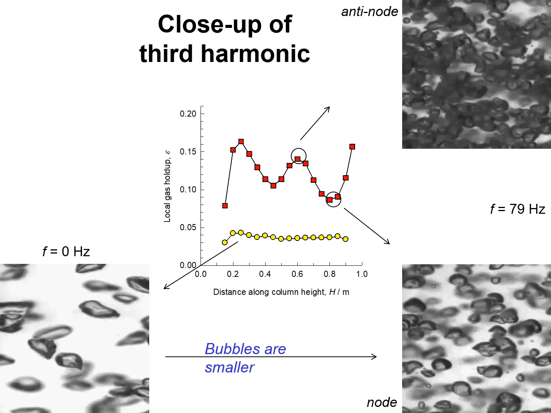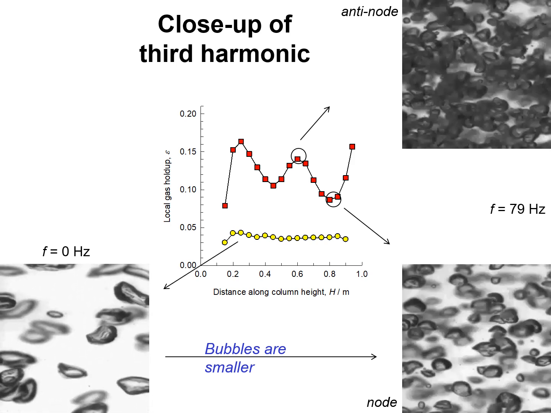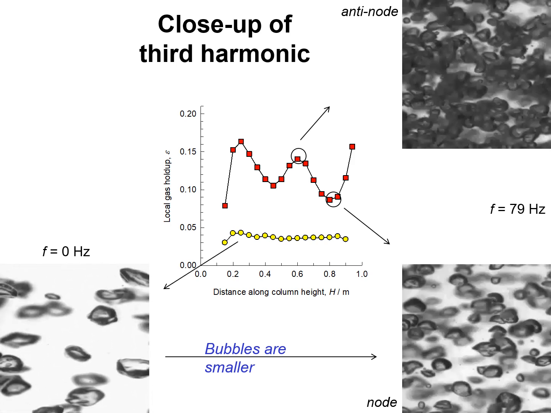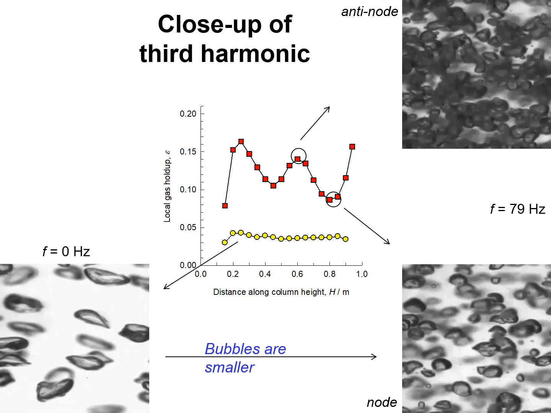We compare both of these antinodes and nodes with an unvibrated column, shown on the left. We see the unvibrated column has significantly larger sized bubbles and the gas holdup is significantly lower.